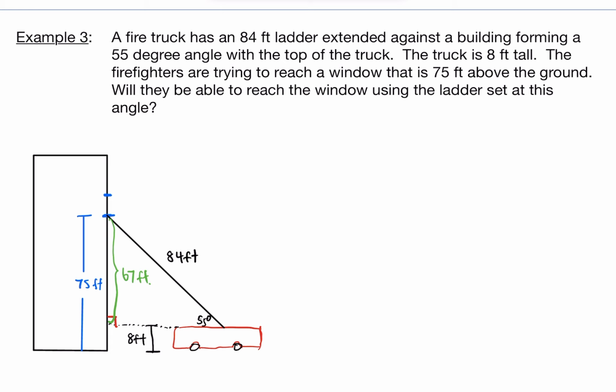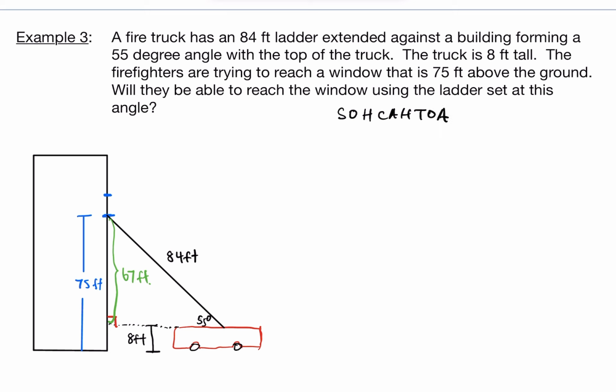Now we've got two sides of the triangle. Relative to this angle, if we think about our trigonometric functions, we have the opposite side and the hypotenuse. Which function has the opposite side and the hypotenuse? Let's write our SOHCAHTOA.